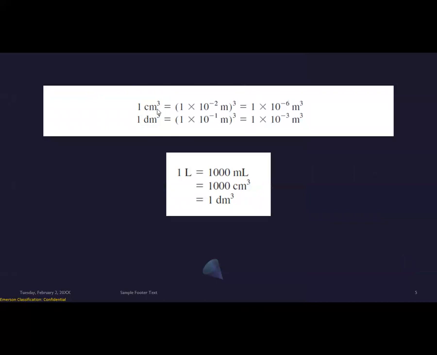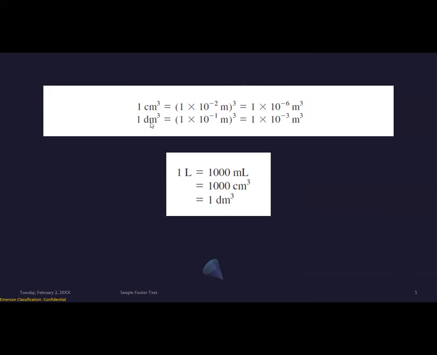Ang isang centimeter, 'di ba, ay 1 times 10 to the -2 meter. So para makuha natin yung equivalence niya into cubic meter, kailangan natin i-cube to. So pag kinube natin siya, magiging siyang 1 times 10 exponent -6 cubic meter. That is the equivalent of 1 cubic centimeter.